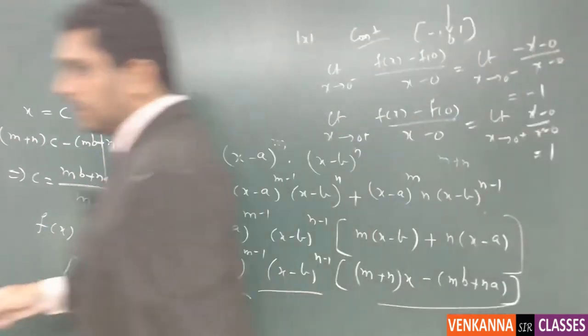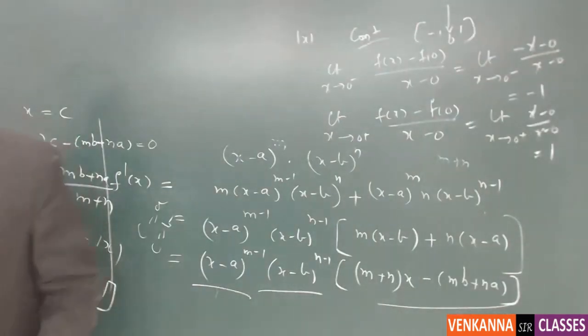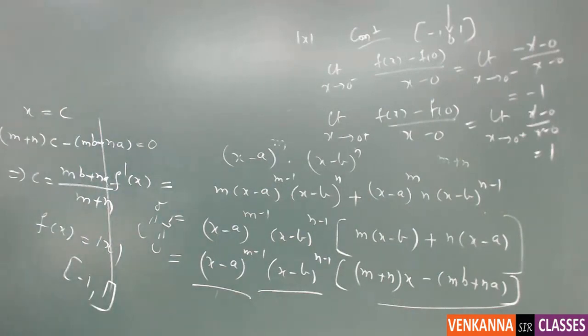So left hand derivative and right hand derivative both exist and they are unequal. So the function is not differentiable at the point 0, but it is continuous at 0, hence Rolle's theorem is not applicable. Okay. So any other queries with regard to the posting which is given there?